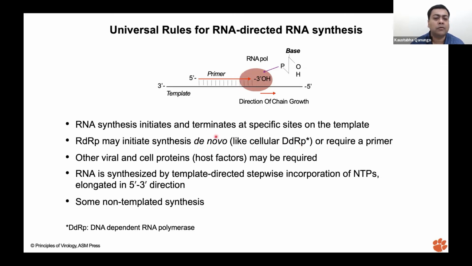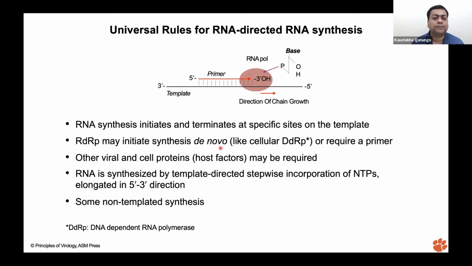It can work de novo. But remember that during DNA replication, the DNA polymerase actually does require an RNA primer for starting the synthesis. But that's an entirely different ballgame. We are talking here about the RNA polymerases, which don't require a primer in the cellular environment, eukaryotic or prokaryotic.